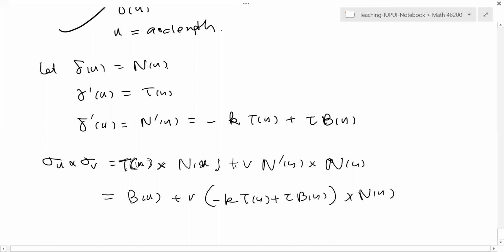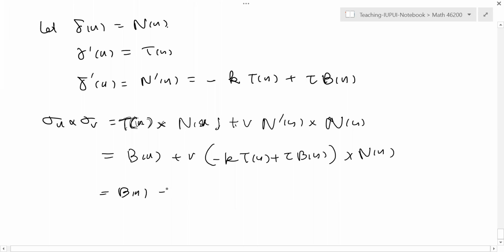So you will see b u: t times n, so it's k v, and t times n is b u. And then v tau b times n. What is b times n? If this is t, this is n, this will be b.